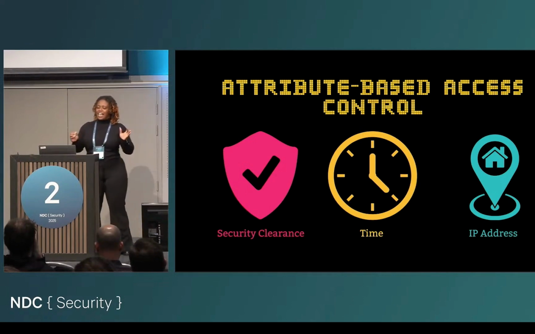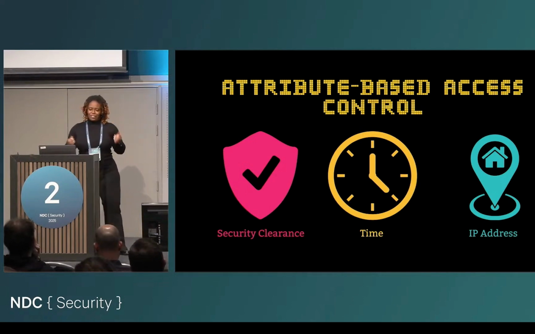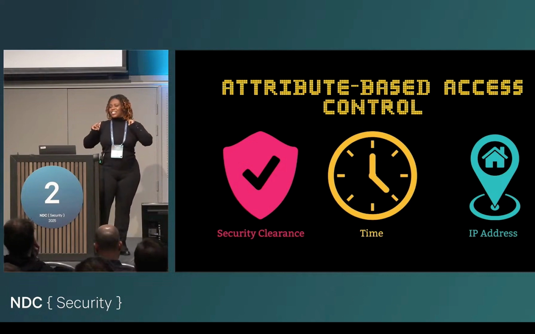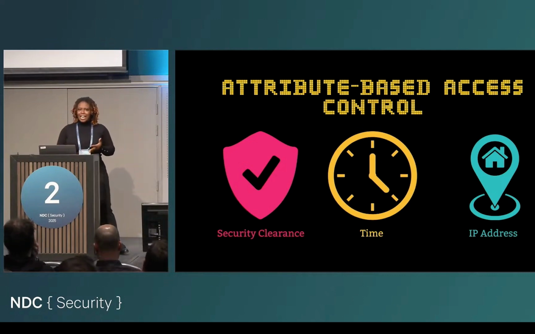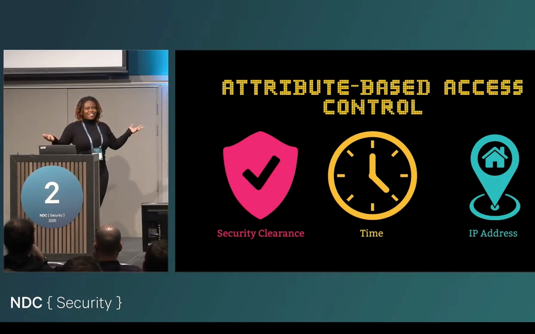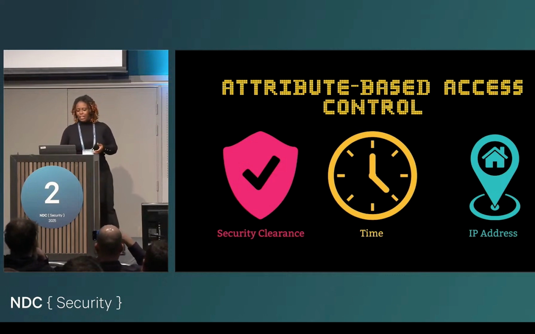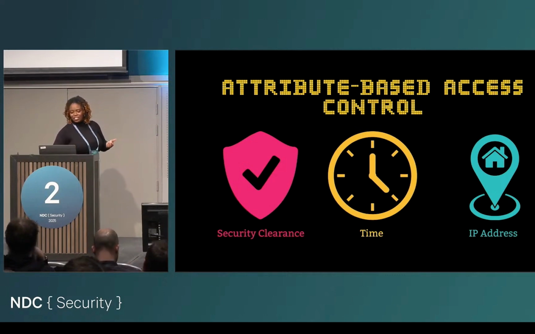In this case, the attributes that we are looking at are security clearance, time, and IP address. But attributes can be anything. They can be temperature. They can, well, we've got IP address, so location. They can be a number of things. The list is endless.